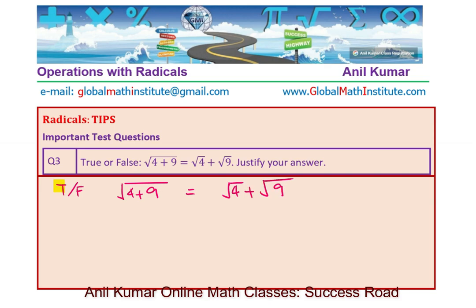Well, clearly it seems to be incorrect, right? So we say, well, this statement is false. Now there are many ways to show that this is false. How? Well, square root of 4 plus 9 is square root of 13, and this is like 2 plus 3, right? Which basically is 5, and we know they are not equal. So that is one way of doing it.